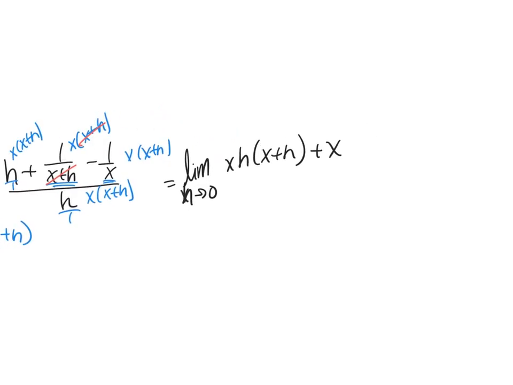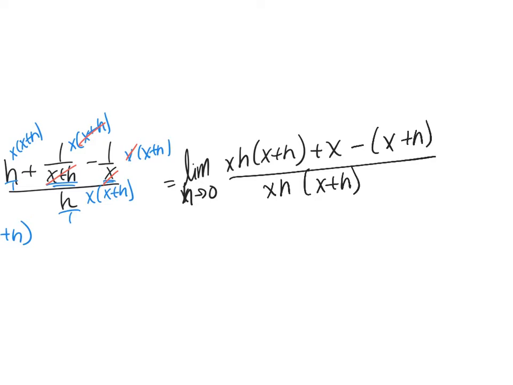My third term in the numerator, my x is canceled, leaving me minus x plus h. In the denominator, nothing canceled. So, by the magic of marker and the power of Grayskull, this becomes minus x minus h. That means my x's will cancel.